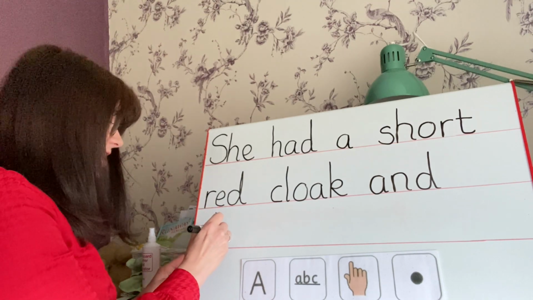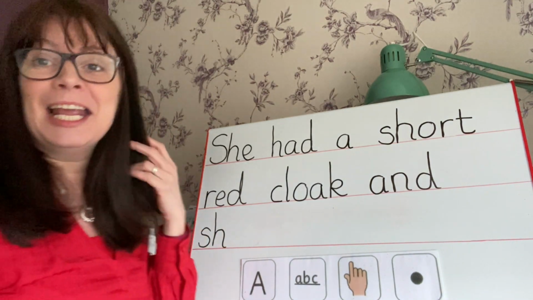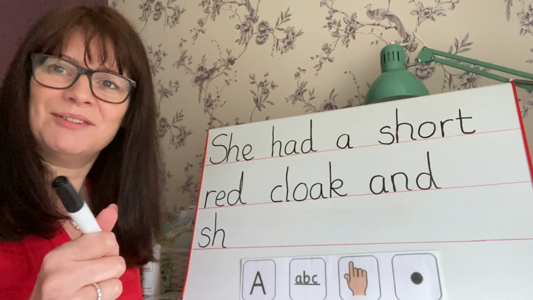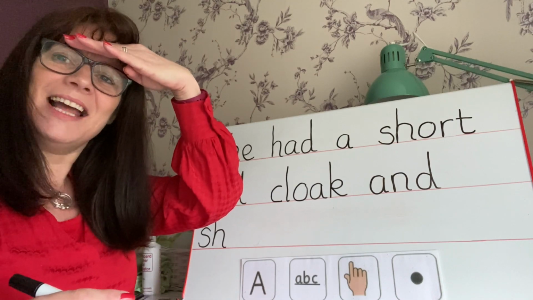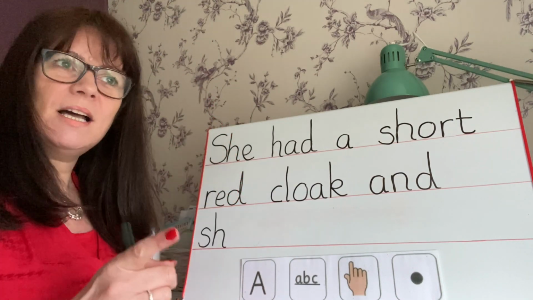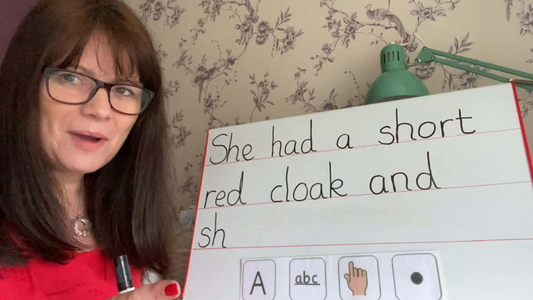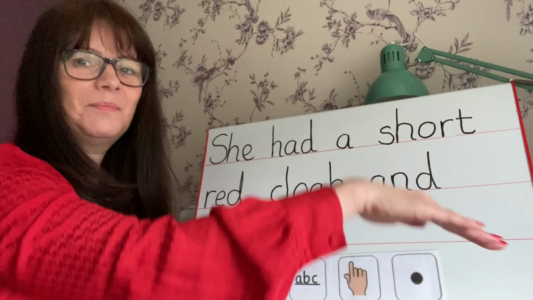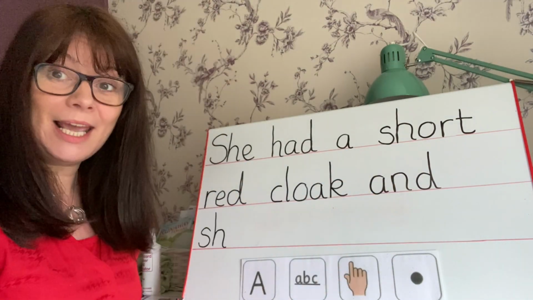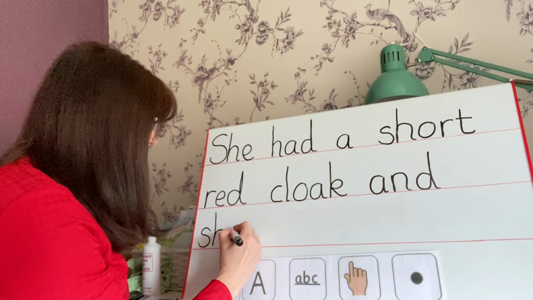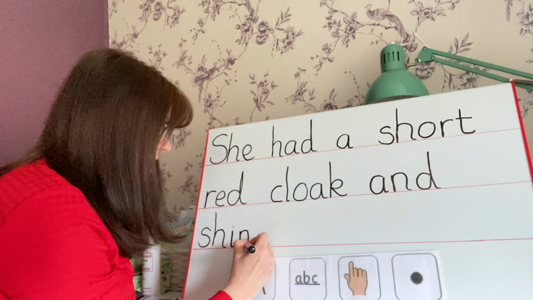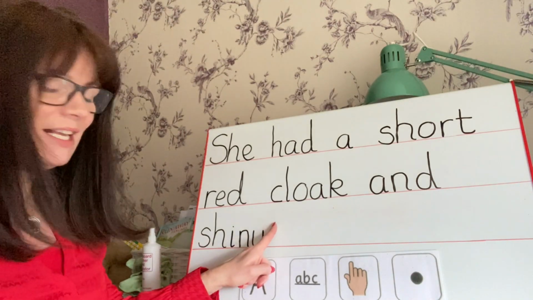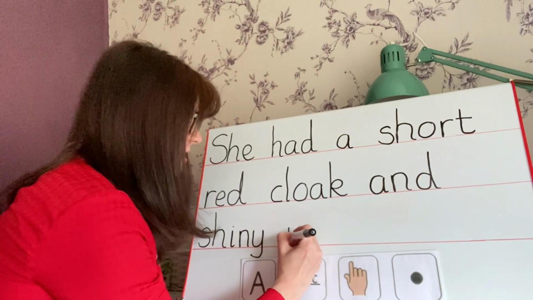This is quite a tricky word, shiny, because it's got the E sound on, and we all know E like that, don't we? But can you think of another way that we can write E? We can write it like that. And we can also do it like that. Shiny. Shiny, finger space.